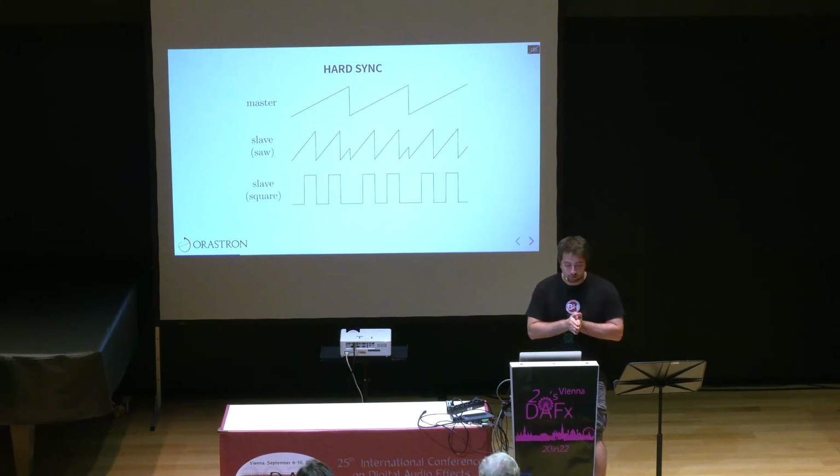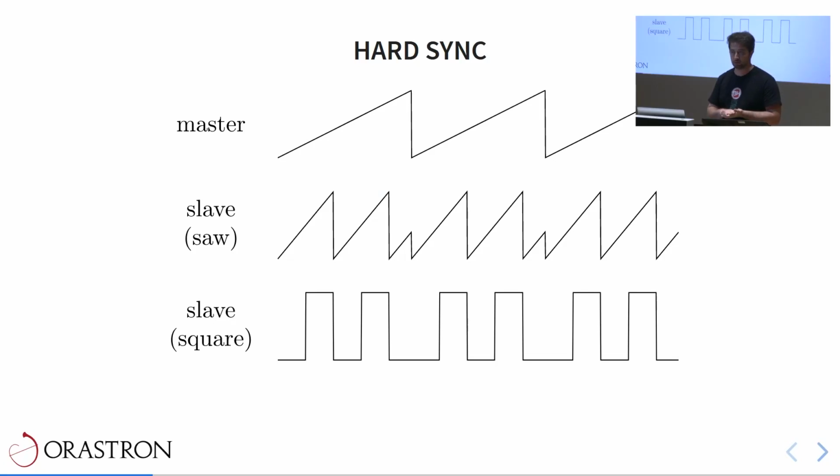So, for those who don't know, hard sync is a feature of many old synthesizers, but maybe also new ones, but certainly the old ones, where you have two oscillators. One is the master and another is the slave. And when the phase of the master wraps, then also the phase of the slave is forced to wrap. So essentially, in this case, for example, we have a master oscillator that has a lower frequency than two slave oscillators.